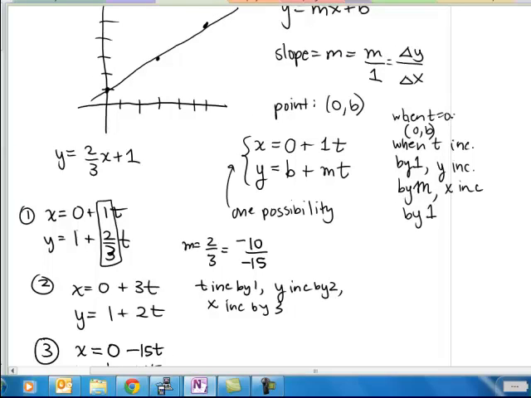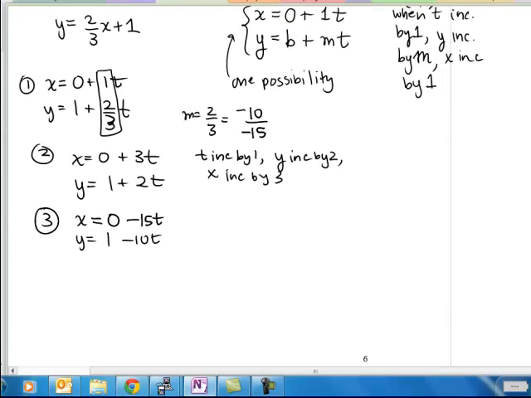Other options would be, instead of using this point 0,1 that we have on this line, we could use this point 3,3, or we could use this point 6,5. Let's use that one. So instead of 0,1 for the start of these, let's use 6,5. So I could use x equals 6 minus 15t, y equals 5 minus 10t.